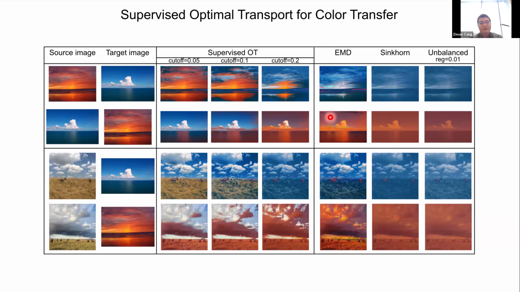This is pretty important for cell-cell communication analysis: if two distributions of ligand and receptors are too spatially far away, we simply don't want to transport anything. But in these traditional approaches, the colors are always all transported to the source image.